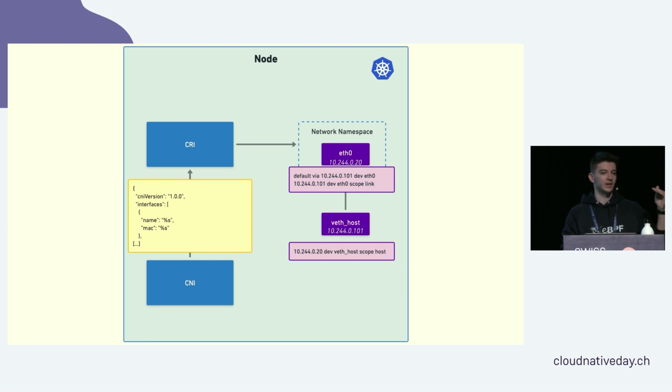Essentially, what you're specifying in the JSON output is: after I've finished my work, please go on and call another plugin. This is how you can chain multiple CNIs together. However, there are some issues, because you need to make sure that one does not undo what the other one does. There's a lot of trust involved, which is why people often prefer to stick to just one CNI instead of having multiple. But to answer your question, yeah, the first one is chosen.